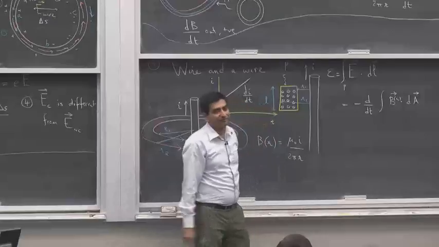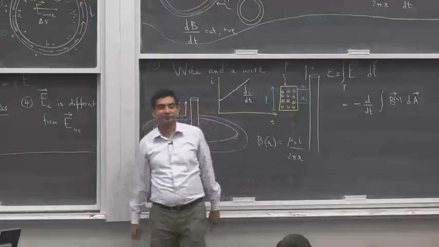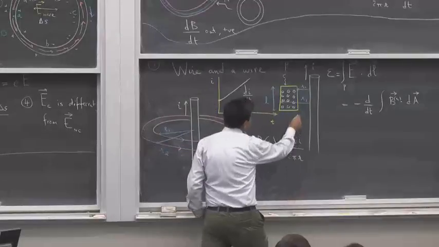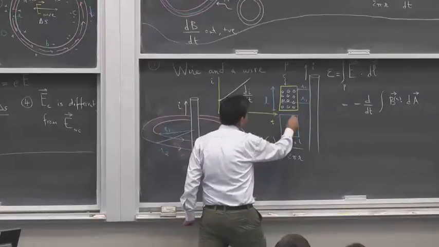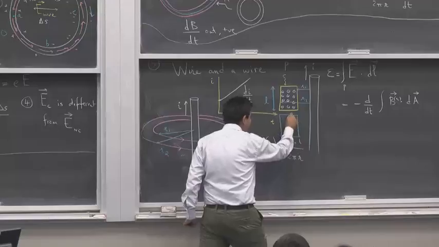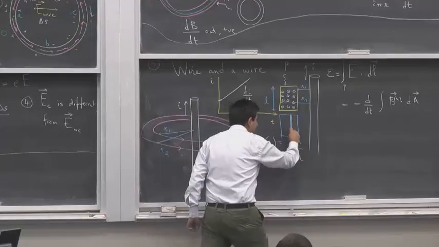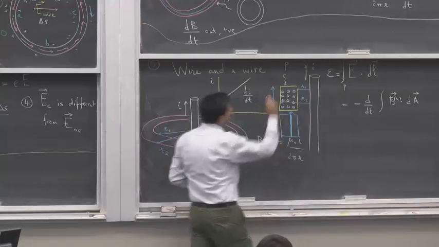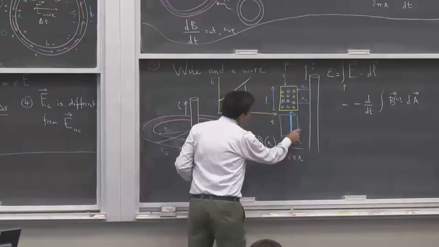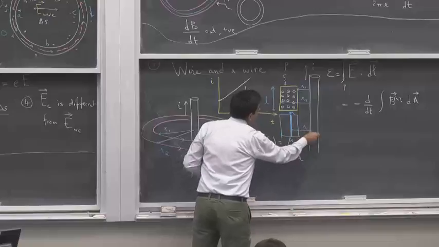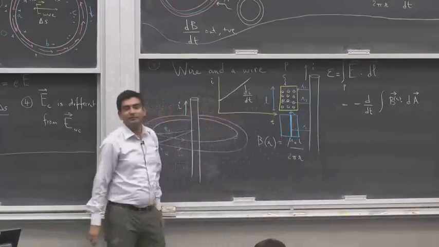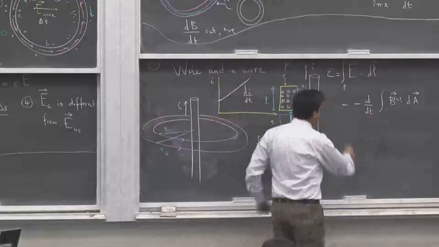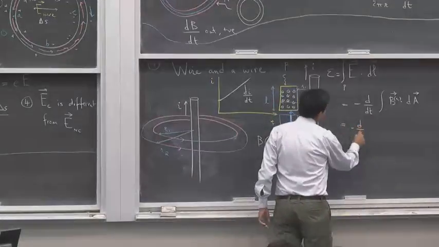So I would like to break this area into small patches, each a rectangular patch. Each patch has a length L and a width dr, and it's at a certain distance r from the current carrying wire. That will allow me to calculate this integral.